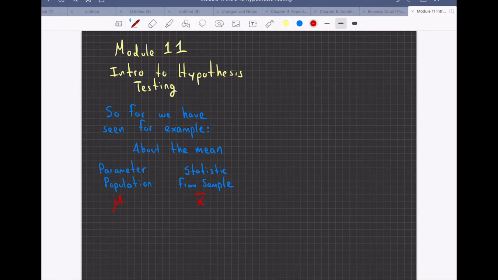So the point of a hypothesis test is going to be to test whether the difference between the hypothetical value for the parameter of the population and the value we observed from the mean is very different.